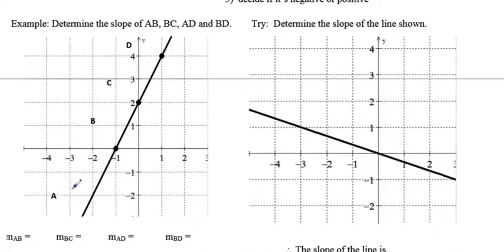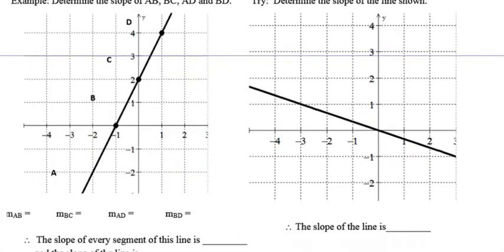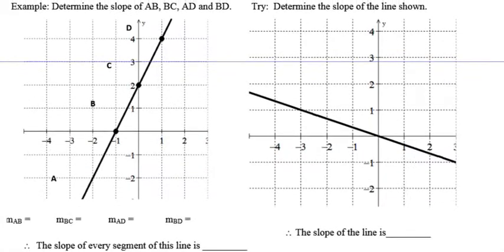If I'm looking to find the slope of AB, I can see that my graph has been cut off, so I could just say this is A here. This is the line segment AB. Then I'm going to draw a right triangle.